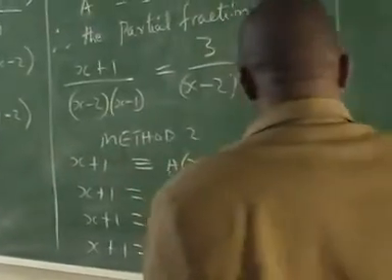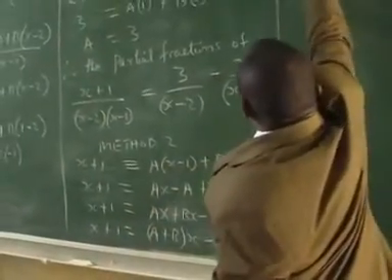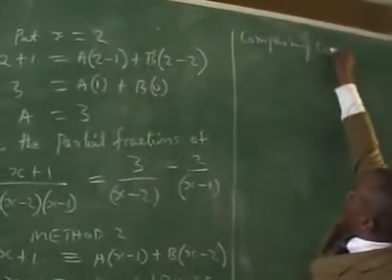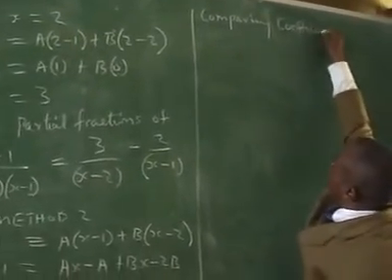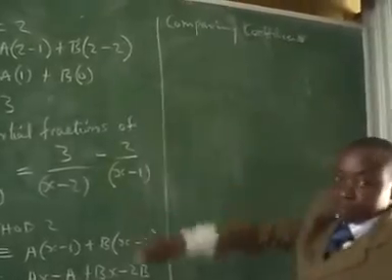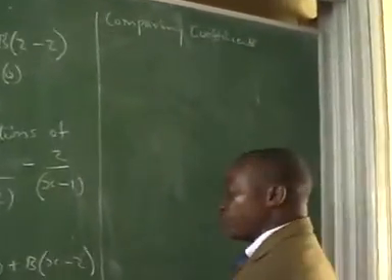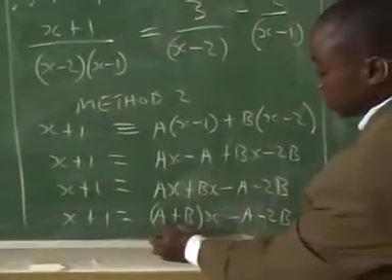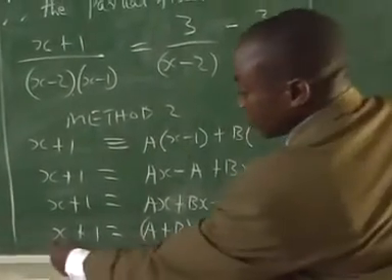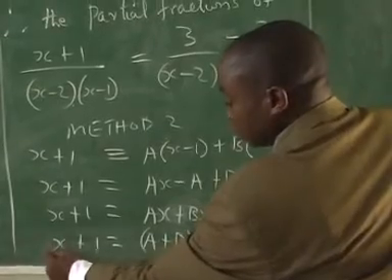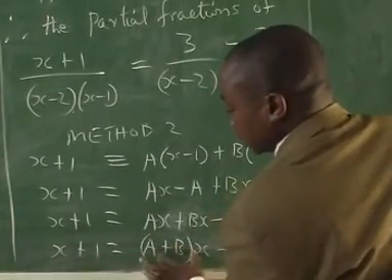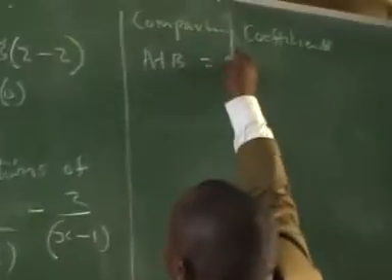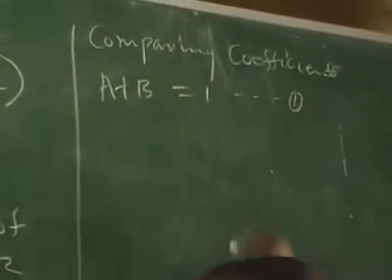The coefficient of x here is a plus b. The coefficient of x here is 1. So if I look at x, I see that a plus b is equal to 1. Call that equation 1.